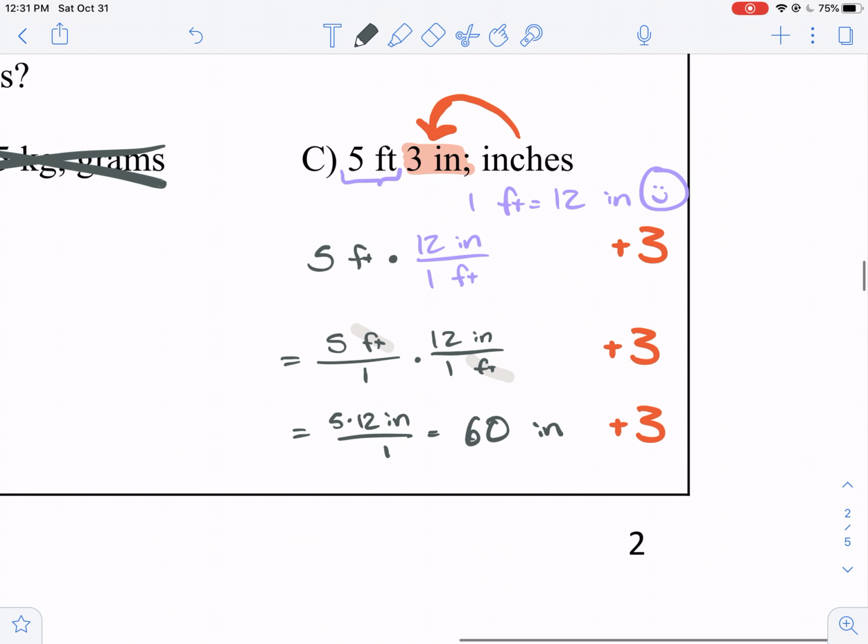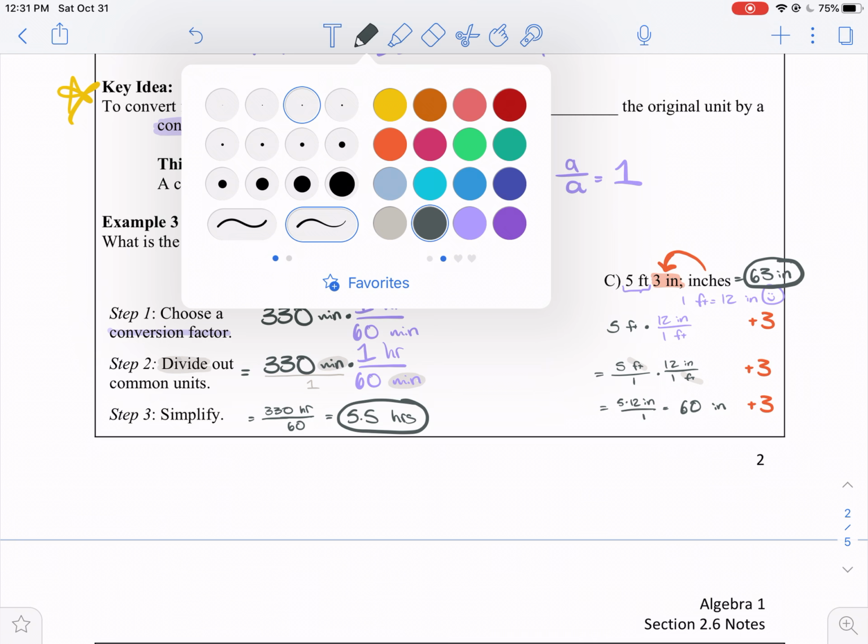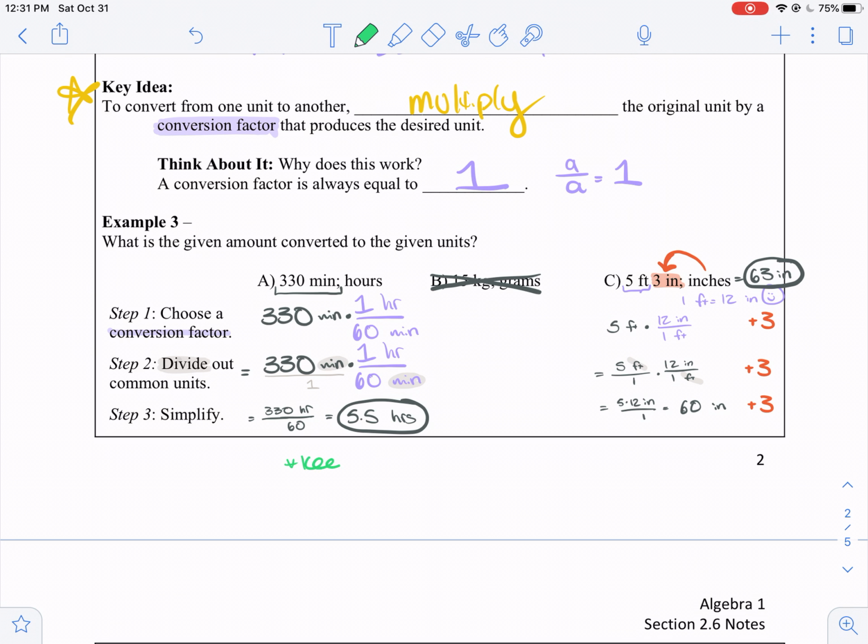So that's actually 5 foot and 3 inches is equal to 63 inches in total. Yay! So make sure you're keeping your units in the right spot. This is a great way to check your work too. By keeping your units in the right spot, you need to make sure that your units work out so you don't get lost in your problem.